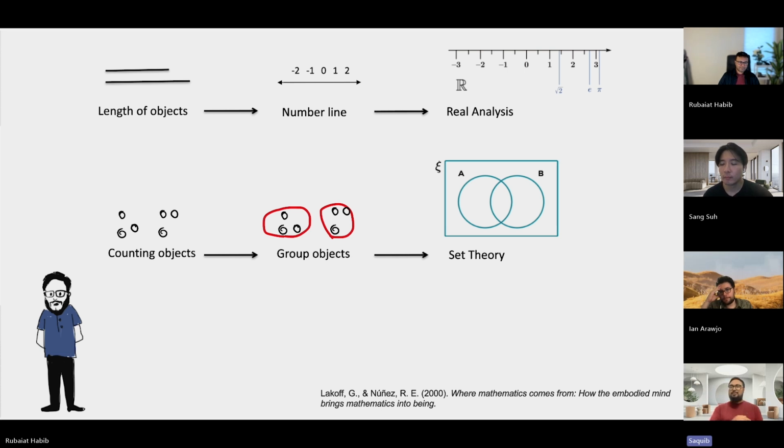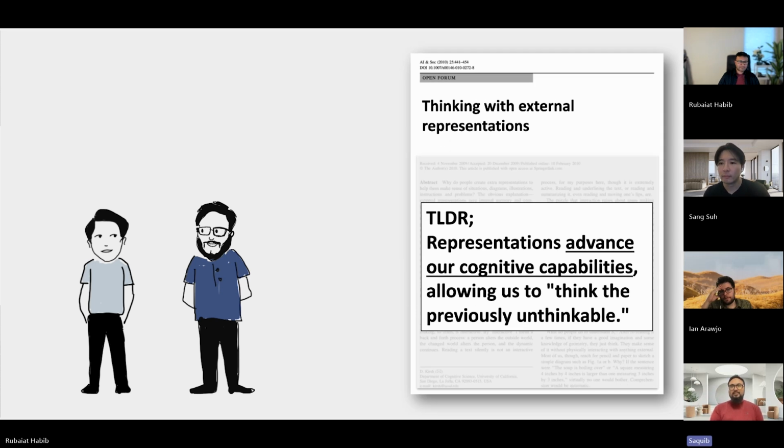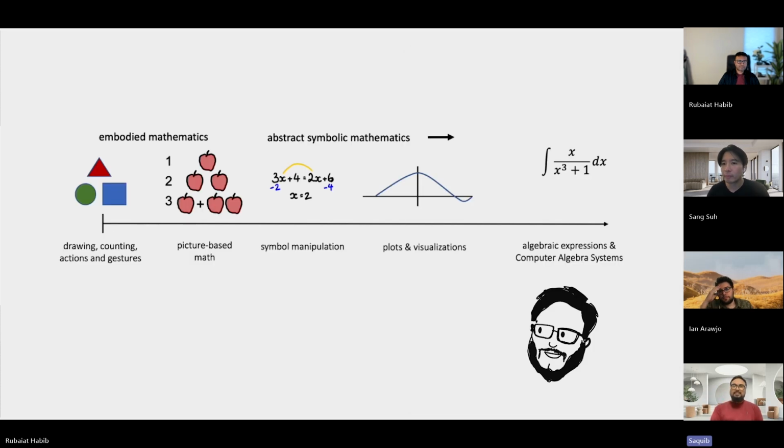We have been doing it forever in order to think, right? Sangho, you already talked about this paper, about how we are able to think using external representations. And mathematics is nothing but creating external representations based on some of our fundamental cognitive abilities, creating layers of those representations, and that's how we build up mathematics.